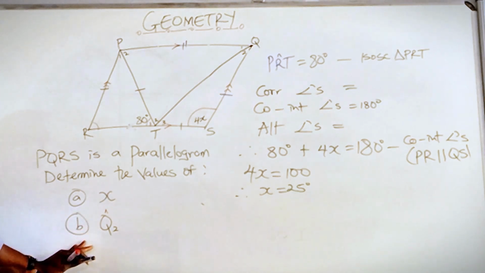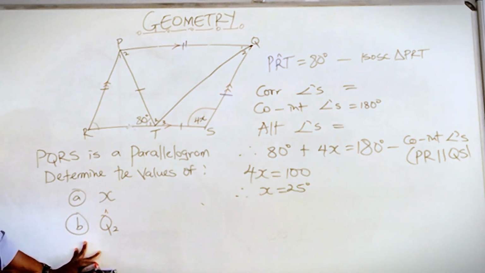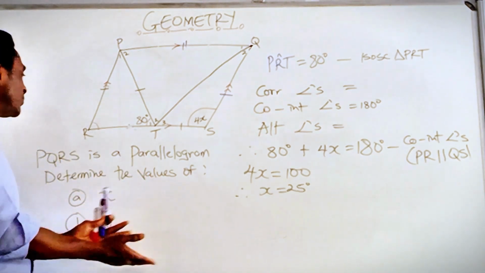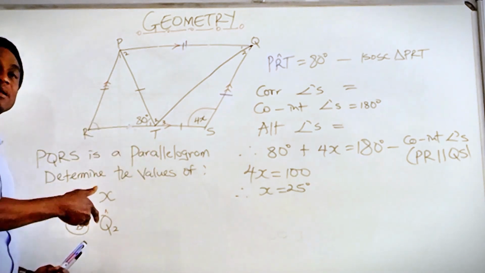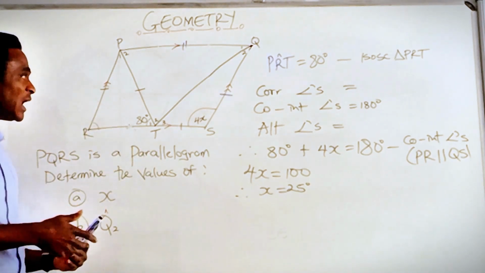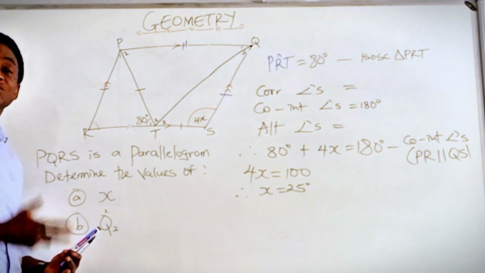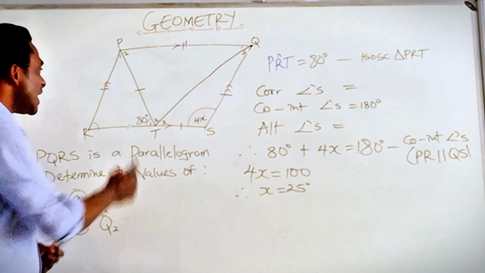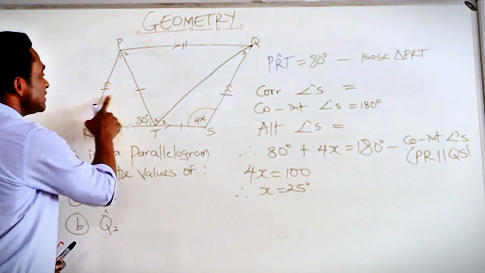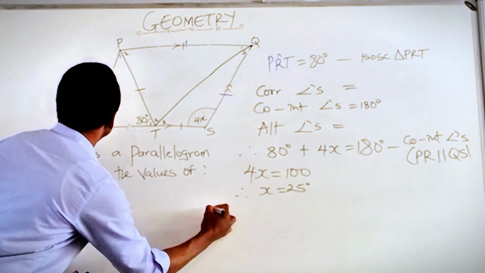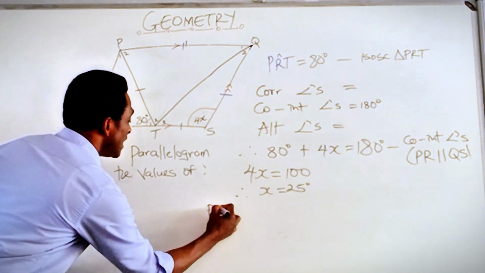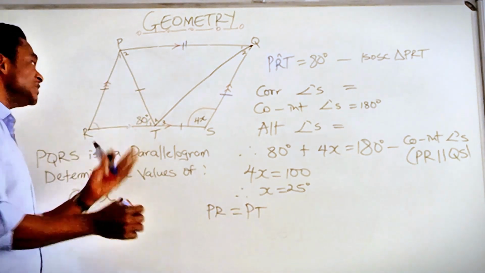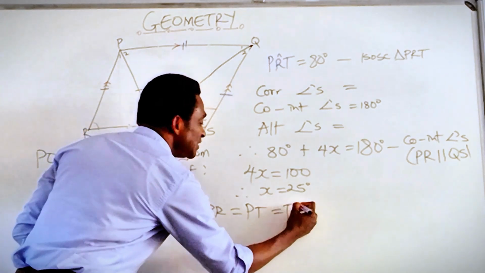Now, going forward, they also ask us to solve for Q2. Now that we have solved for x, we take the next step. Using the properties of the given shape, the parallelogram, it is very important that you know the properties of each of these quadrilaterals. It helps us to break down the questions given. Now, we've been given that PR is equal to PT from the original sketch, and they also gave us that it is equal to TS.